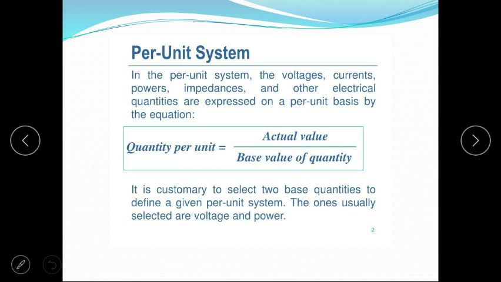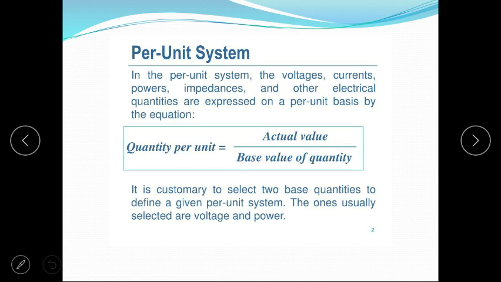Dear students, the per unit quantity is equal to the actual value of the quantity upon the base value of the same quantity. It is customary to select two base quantities to define a given per unit system. The ones usually selected are voltage and power.